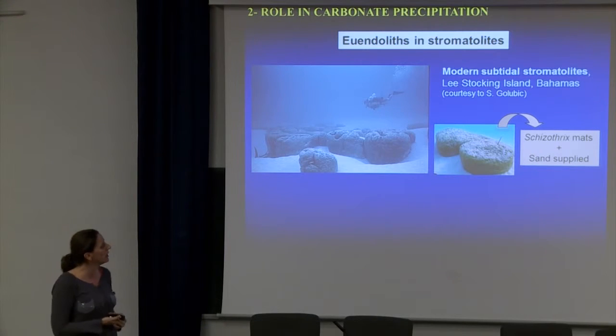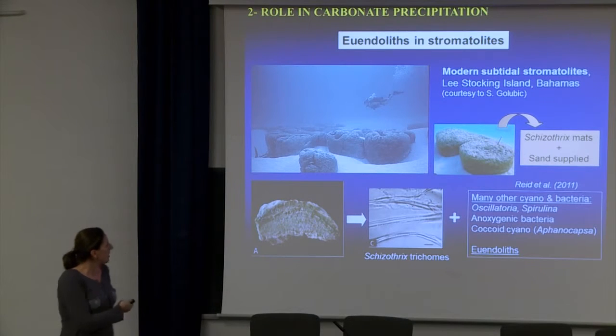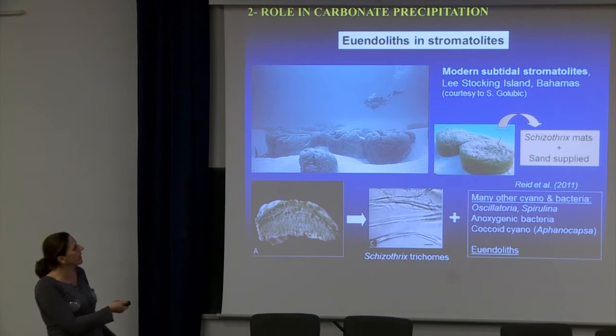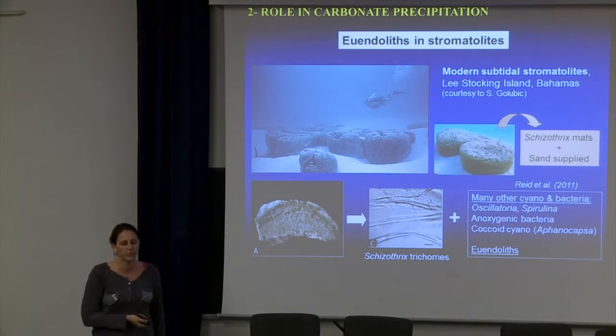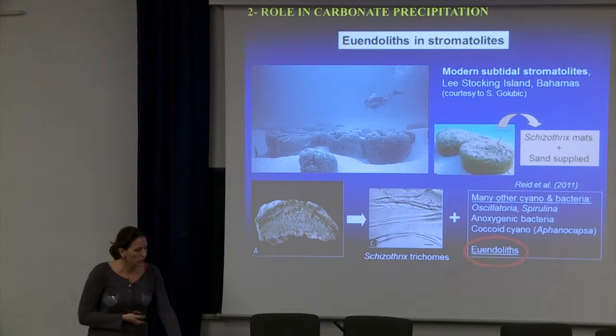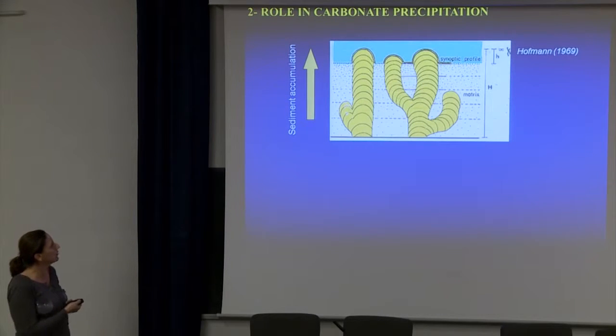They are mostly made by mats of Schizothrix, a cyanobacterium, and by entrapping sand they grow a structure, soft at the start and then lithified. As Schizothrix accumulates sand, new species of cyanobacteria and bacteria are also accumulated, as well as euendoliths. But how do they get there? Here's a diagram from Hoffman showing the accumulation of the stromatolite structure.